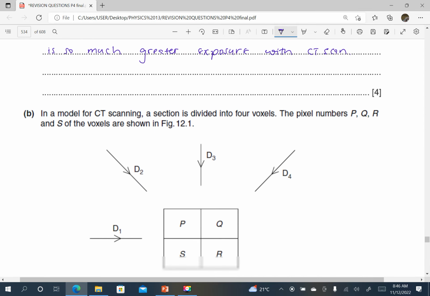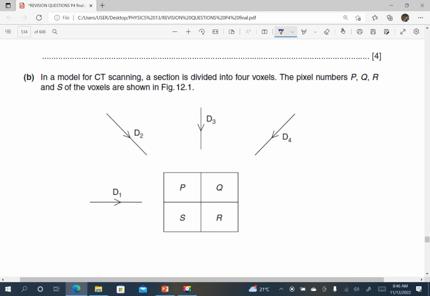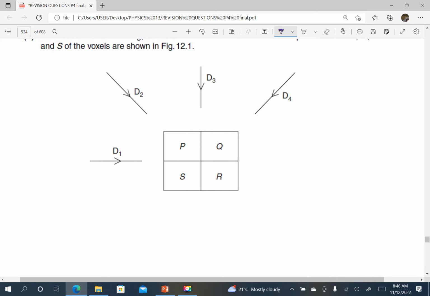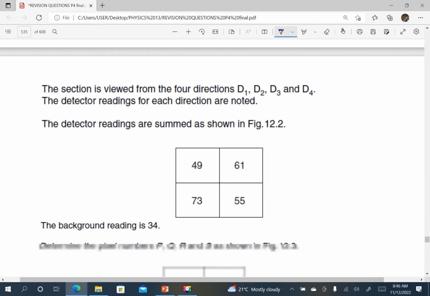Okay. Here we have a CT model. In a model for CT scanning, a section is divided into four voxels. The pixel numbers P, Q, R, and S of the voxels are shown here. Remember, pixel is a number which just represents the intensity of the X-ray beam which goes through a specific voxel, and the voxel is a volume element.